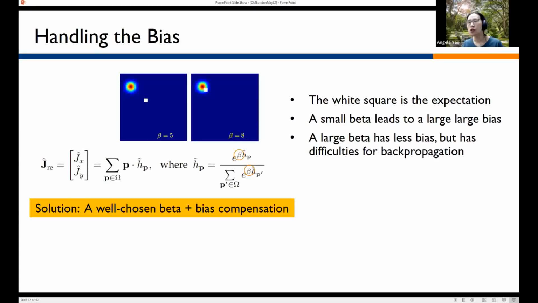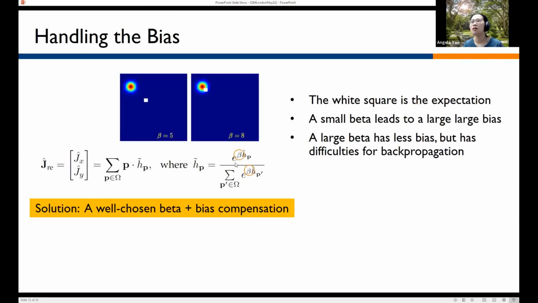And so our solution to handle this bias is to choose the beta appropriately, and at the same time try to compensate for the bias. So here, this is the other thing: you can say, well, if this beta is very large, why don't we just choose a really, really large beta, and then this bias wouldn't exist, right? But then you run into difficulties for backpropagation.